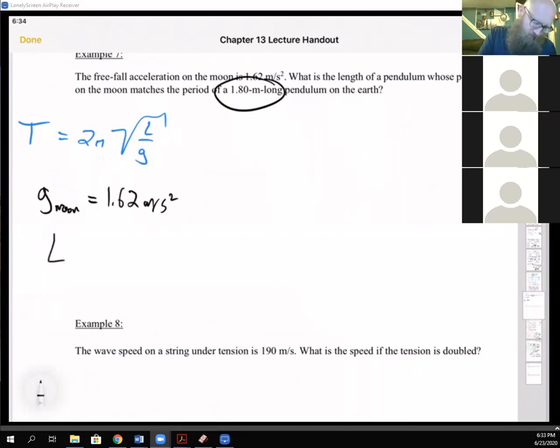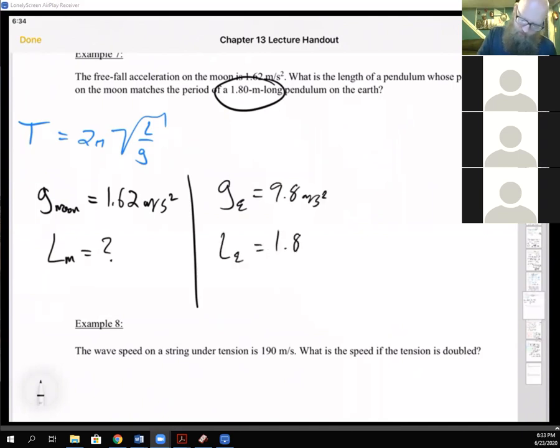I wanted a length moon, if g Earth is 9.8 meters per second squared, and length Earth is 1.8 meters. So we want the periods to equal, right? That's what they're saying.